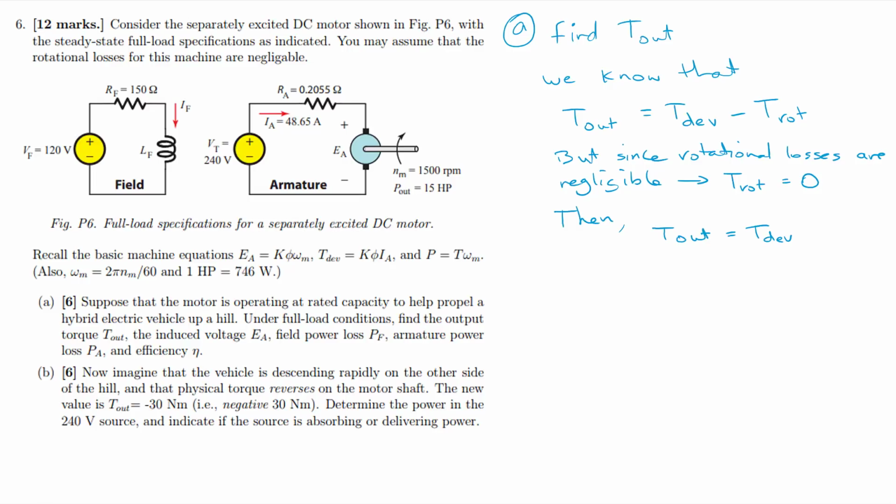Now let's continue. How are we going to calculate the torque output? We have a machine equation, and we're going to use this one here. Power is equal to torque times the rotational speed. Why did I write it in terms of power developed is equal to the torque developed times the rotational speed?